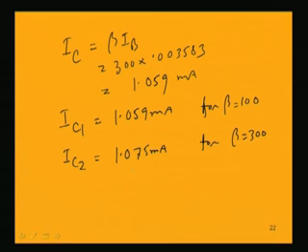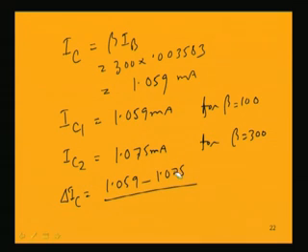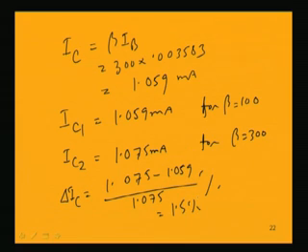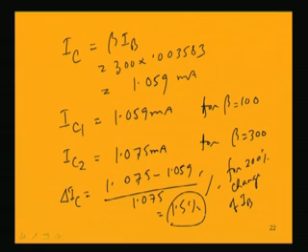You can find out the percentage change of delta IC: 1.075 minus 1.059 by 1.075, and the percentage change comes to only 1.5%. For a 200% change in beta, we still get only 1.5% change of IC.